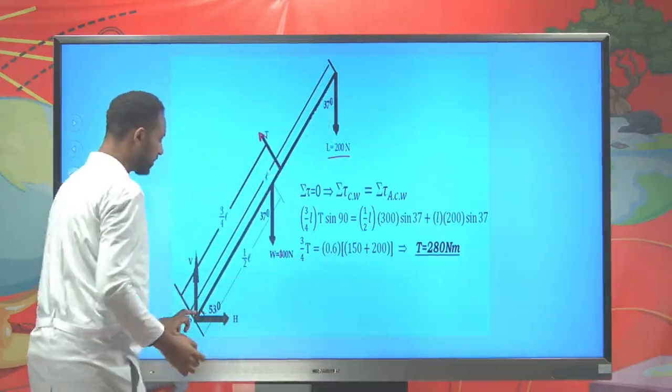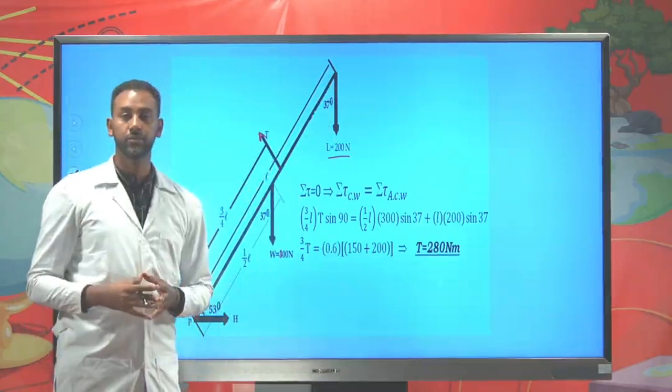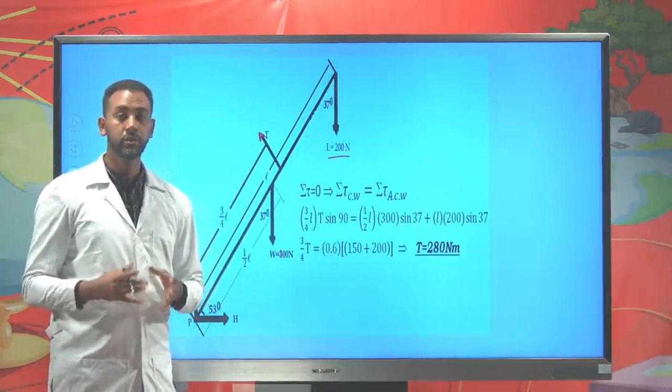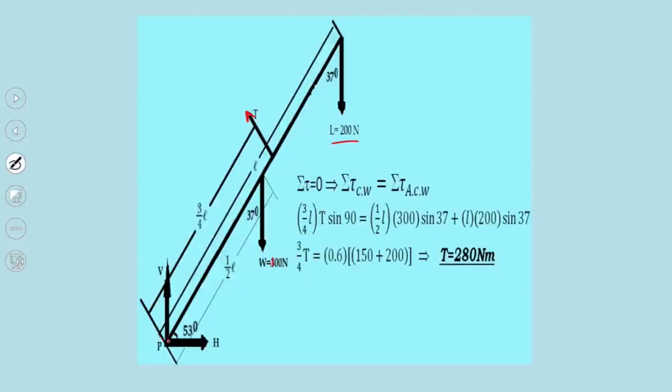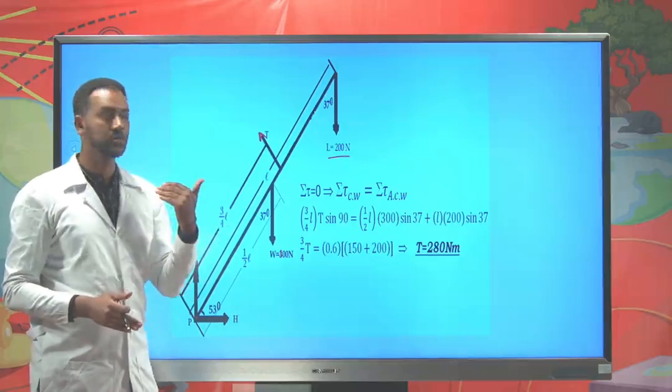Therefore, the first thing to do is apply the second law of rotational motion, or the second condition of equilibrium. The second condition of equilibrium states that the net torque about a given pivotal point should be 0. Meaning, clockwise torque must be counterbalanced by counterclockwise torque.